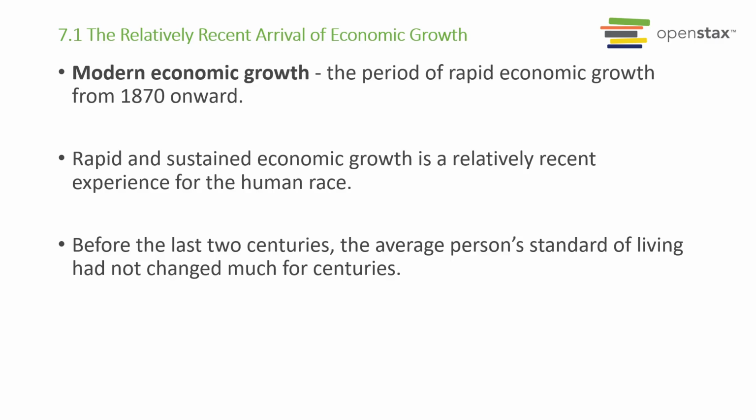When people say economic growth, what they're really referring to is the modern economic growth period, which happened around the beginning of the Industrial Revolution onwards. Why? Because prior to this time period, there was not much action when it came to economic growth.